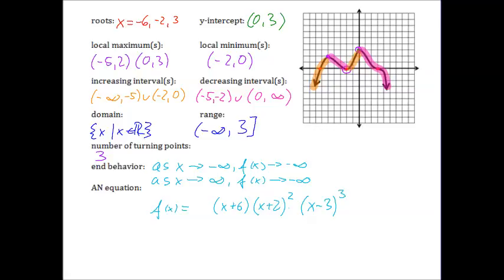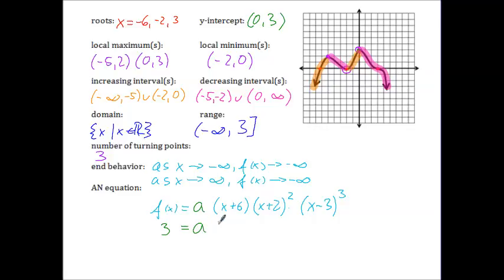Now our function is not complete because we still need to figure out what a, the dilation, is, and we use the y-intercept for that again. So f of x, which is the same as y, is equal to 3 if x is equal to 0.